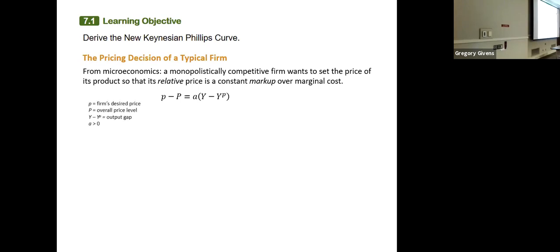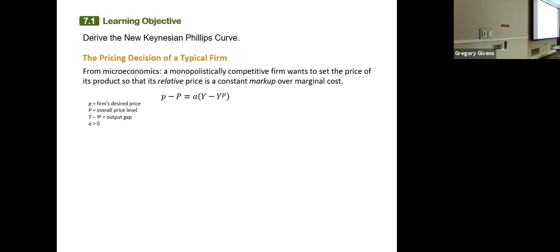Now let me just develop a little notation here so you guys aren't confused by this. The left-hand side of this equation tells us what the firm's relative price is. Relative price, okay? Little p is the firm's actual desired price. Capital P is the aggregate or the overall price level in the economy.